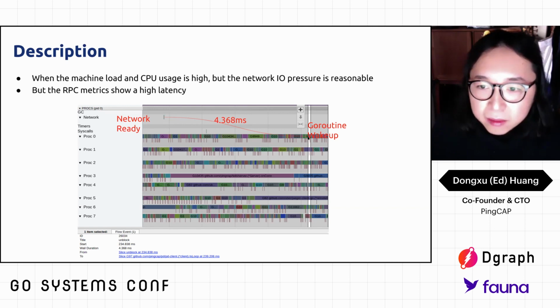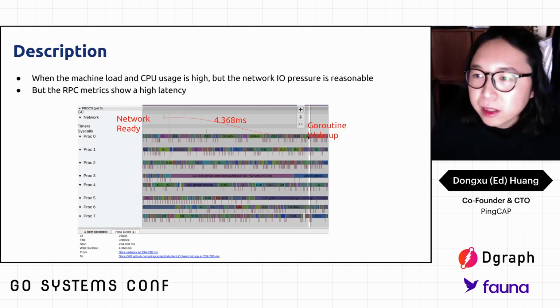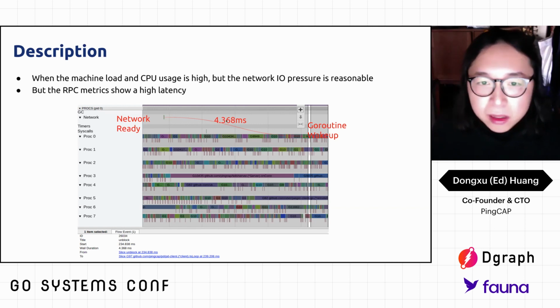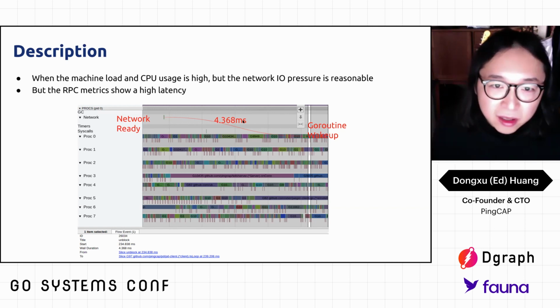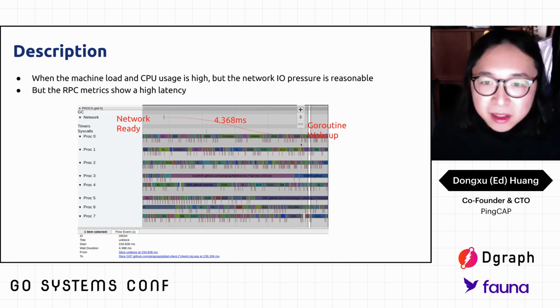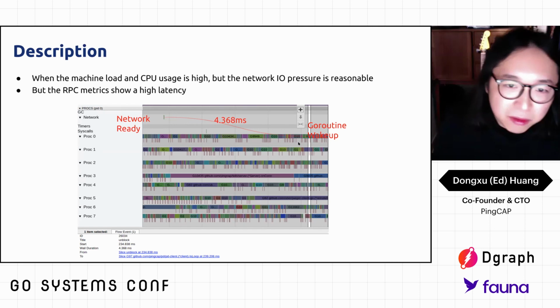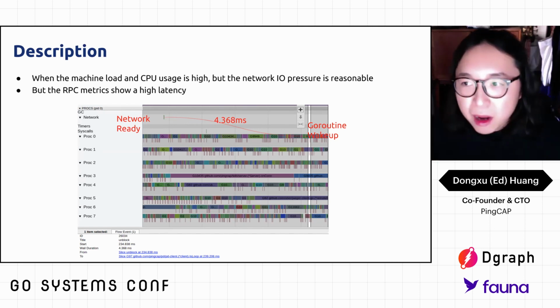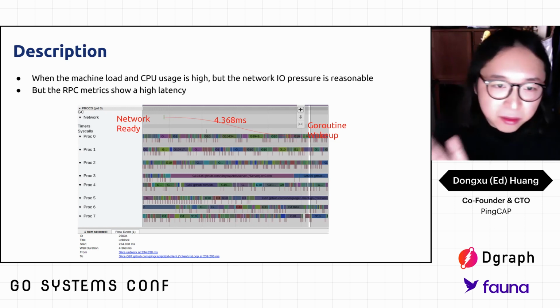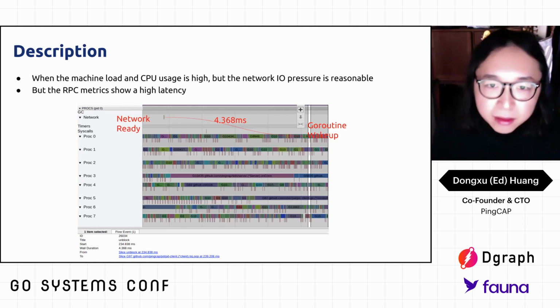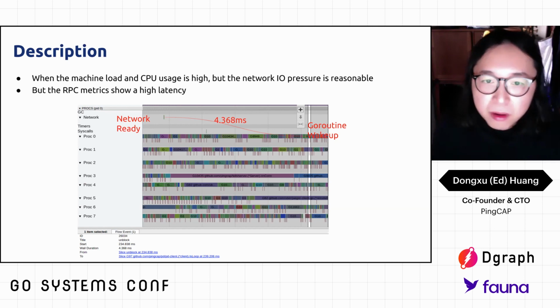As you can see, the network is ready here. And then the goroutine for this IO request woke up about 4.3 milliseconds after. That means the goroutine had been switched to the background, and even though the network is ready, your network packet cannot be sent within this 3.4 milliseconds.